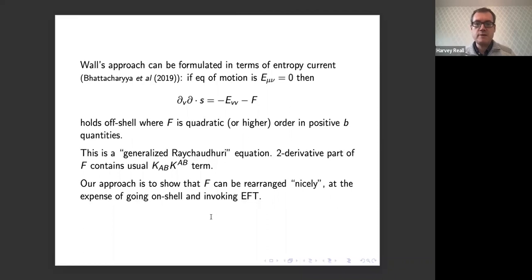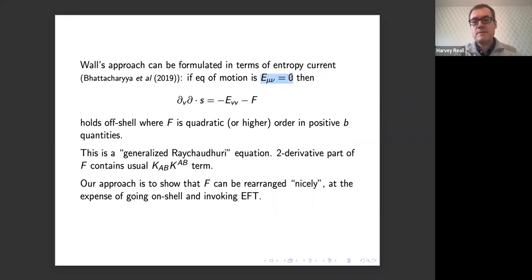To explain what we do, I'll first tell you that Wall's approach can be formulated in terms of the entropy current I've just introduced. In fact, the reason I've introduced it is precisely because Wall's approach is most elegantly expressed using that. So you can show that if the equation of motion is E_μν equal to 0, here I'm stepping away from effective field theory for the moment because Wall's approach doesn't require us to use the effective field theory framework.